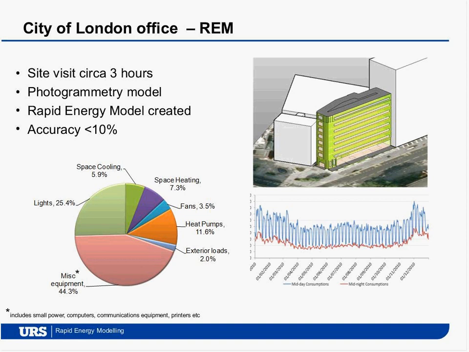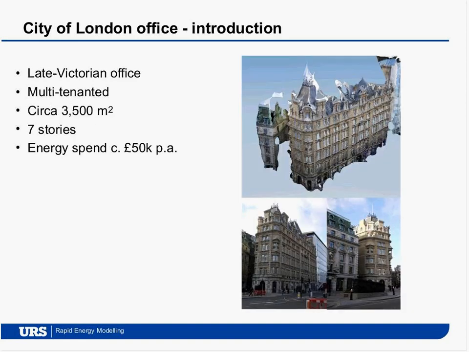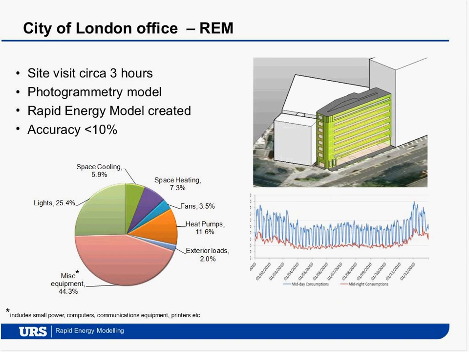That image you see in the top right that looks kind of grainy and a bit strange is a photorealistic 3D model that we produced from straight images, no drawings. We didn't have any drawings of this building. We performed an energy model, and arrived at an accuracy for this particular one of less than 10% compared to last year's billing data.